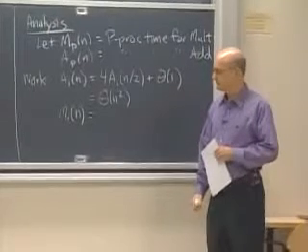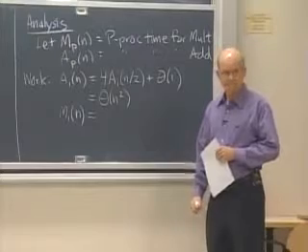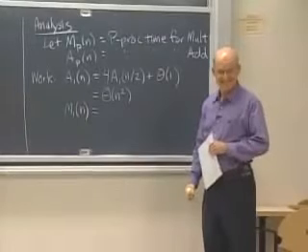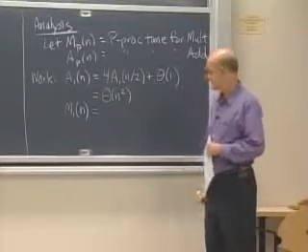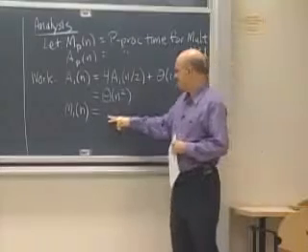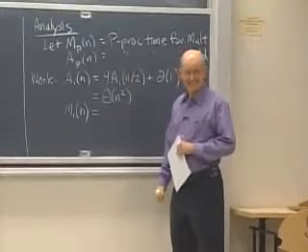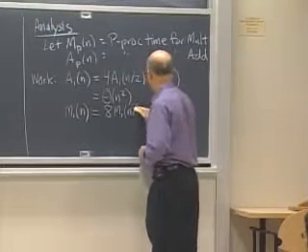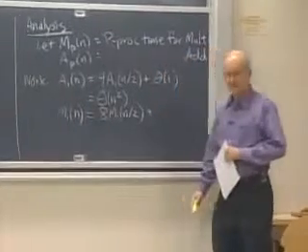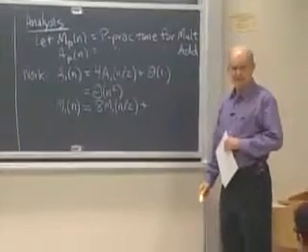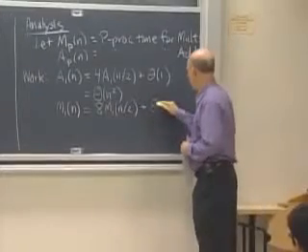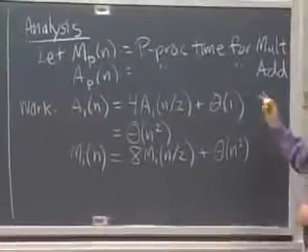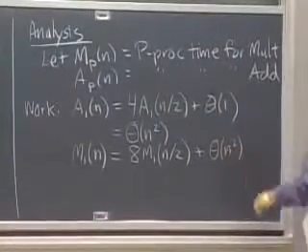So what's our recurrence here? 8 M of n over 2 plus, yeah, there's theta n squared for the addition, and then there's an extra theta 1 that we can absorb into the theta n squared.